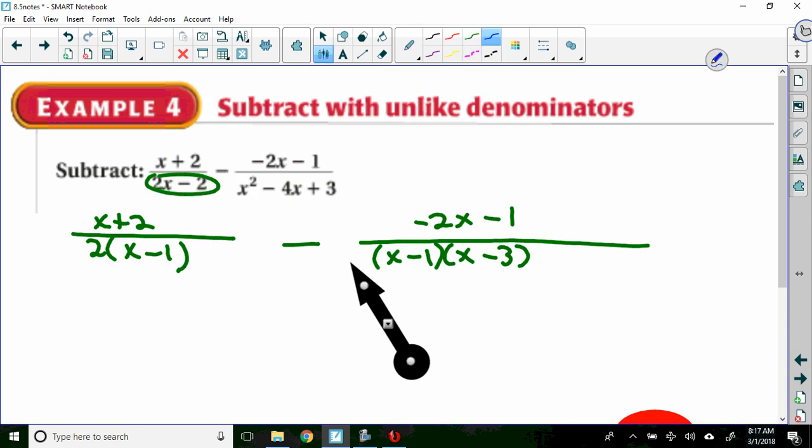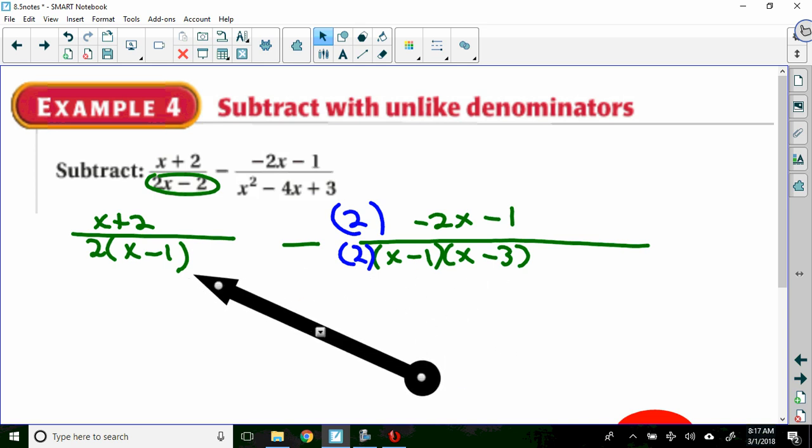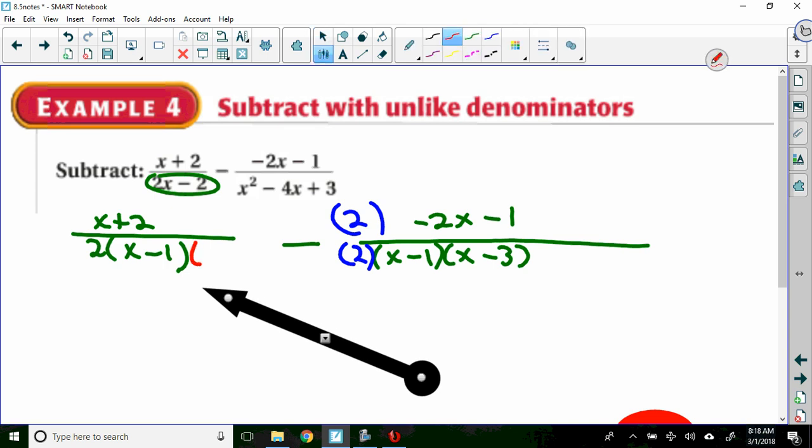So I'm going to multiply this by 2 over 2. Our denominator is entirely the same now. This one over here's got an x minus 3 in it, but this one doesn't. So guess what I got to do to this fraction? Multiply by an x minus 3 over an x minus 3. Now our denominators are the same.